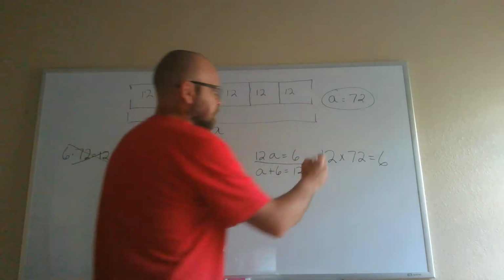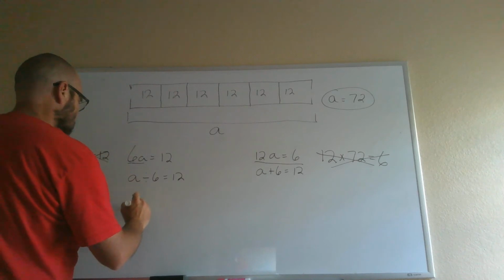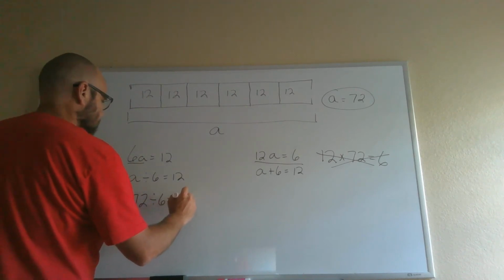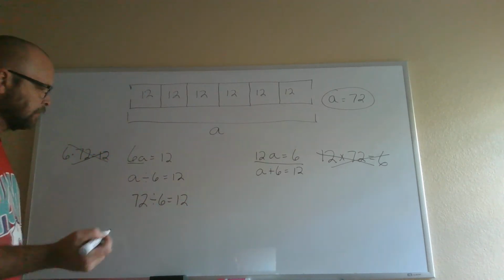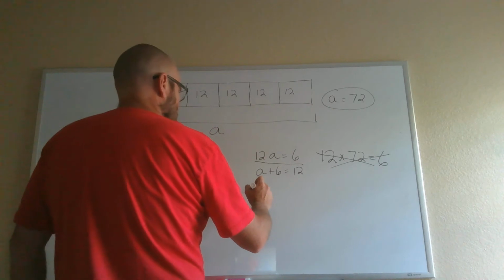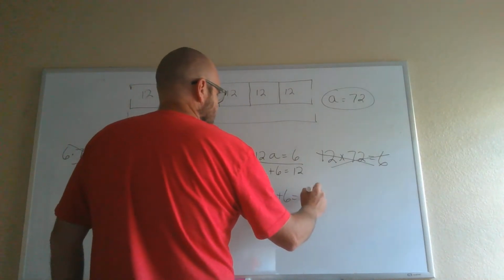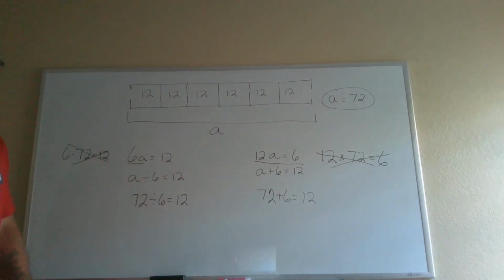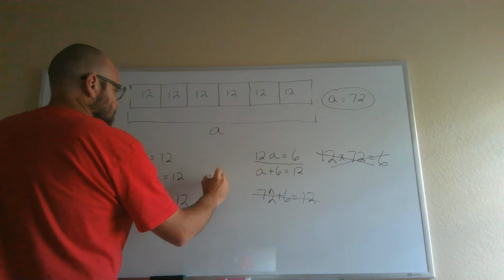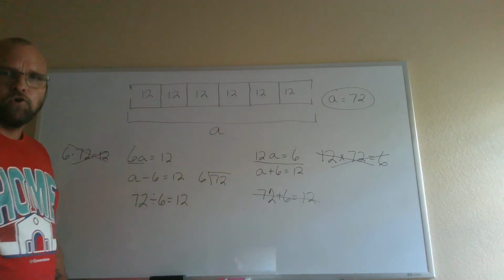Of course not. If I do 72 divided by 6, is that going to equal 12? I don't know. But if I do 72 plus 6, is that going to equal 12? Of course not.